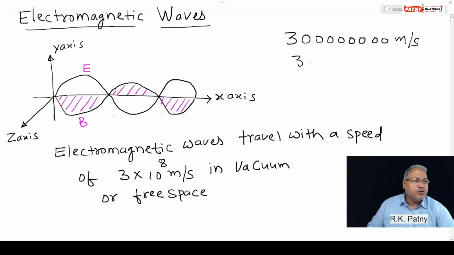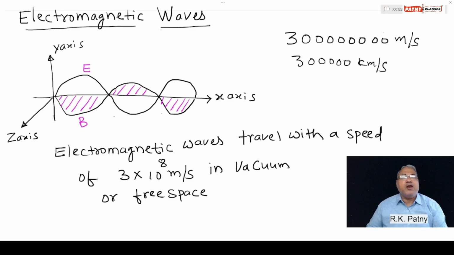If you remove the three zeros, that is 3 lakh kilometers per second, the speed of electromagnetic waves. Can you imagine? In just one blink, till you blink your eyelids, electromagnetic waves will travel 3 lakh kilometers in 1 second. That is the speed of electromagnetic waves.